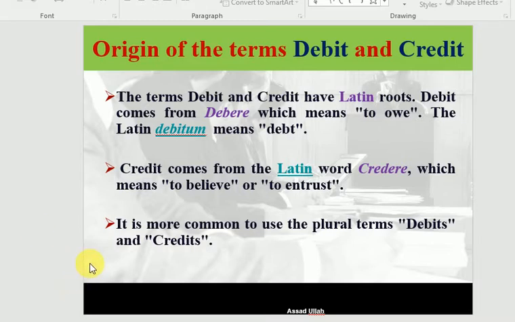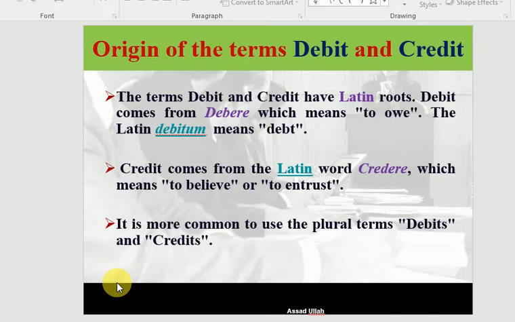The terms debit and credit are derived from the Latin words debere and credere. Debit is derived from the Latin word debere, and credit from the Latin word credere.